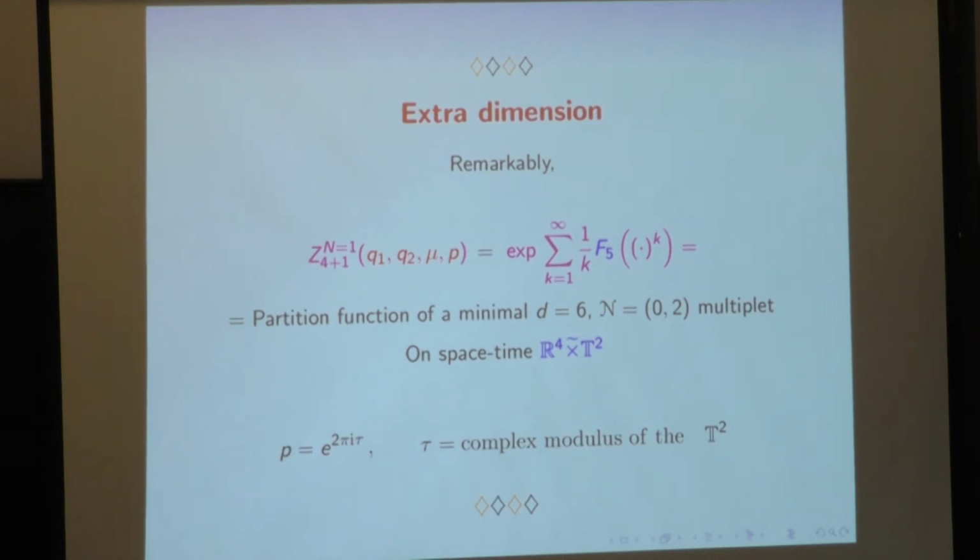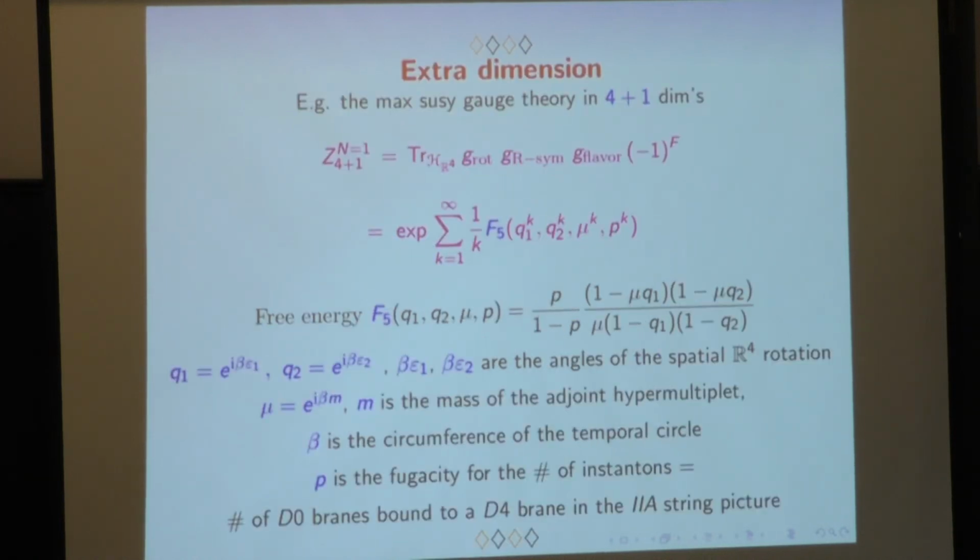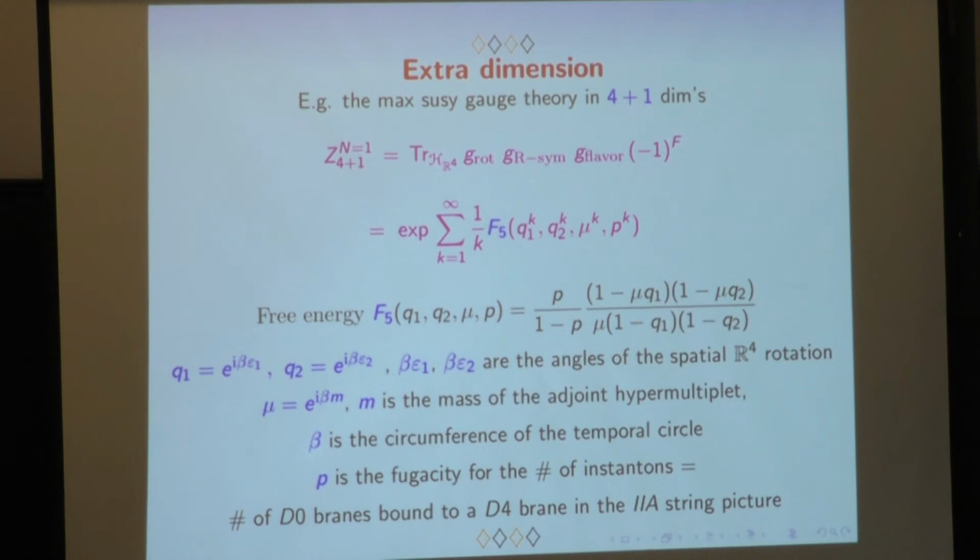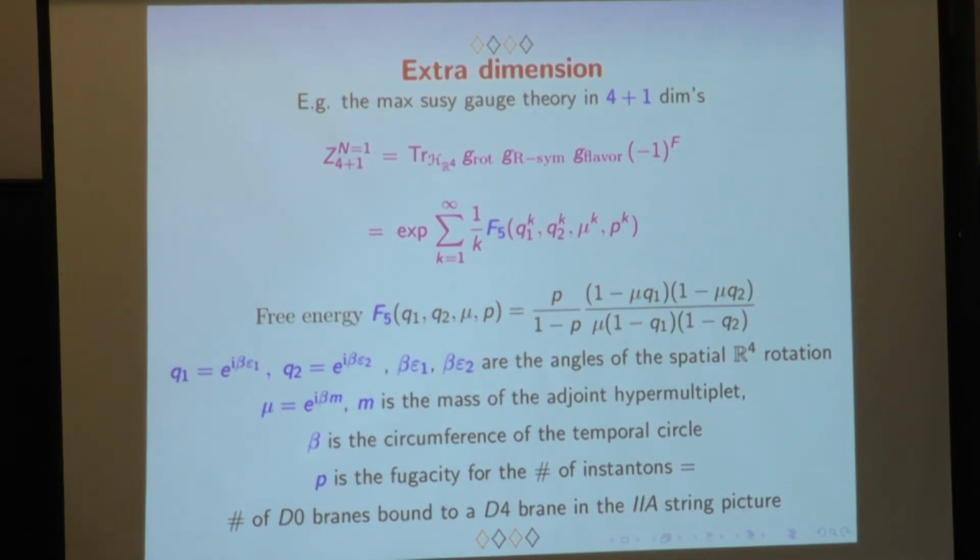So what's the starting point for this calculation? The starting point was the computation of the 4 + 1 dimensional partition function. There you start with the Lagrangian, you take the super-Yang-Mills Lagrangian, and you now view the 4-dimensional Yang-Mills action as an energy, not as an action.